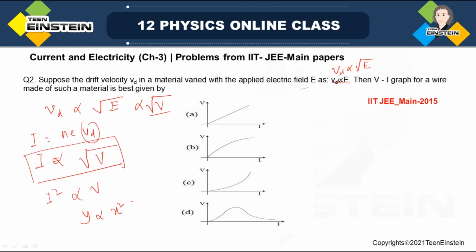That means option C will be the correct answer, because V is proportional to I square. This is the variation, so that's why C is the correct answer.